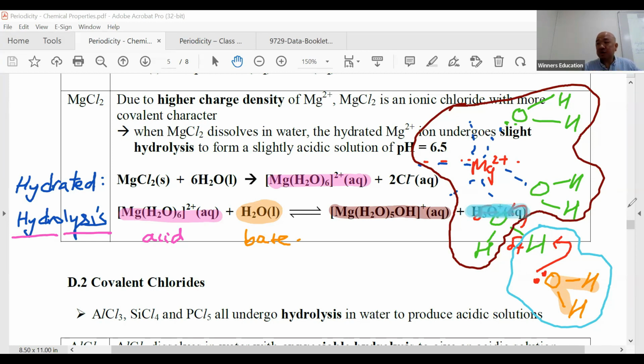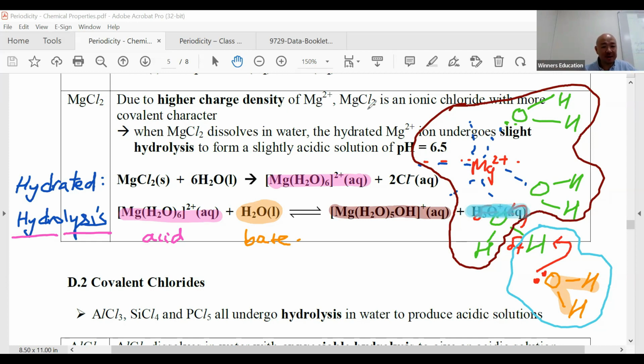All your ionic salts will get hydrated based on strong ion dipole interaction with nearby water molecules. After which, the hydrated ions, the one in pink, will then undergo hydrolysis with an adjacent, a nearby water molecule with acid-base reaction, where it produces H3O plus. And your pH is 6.5.